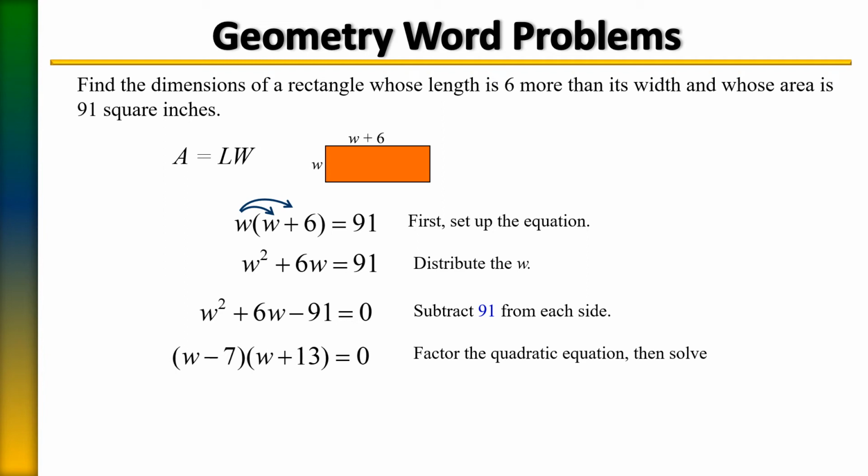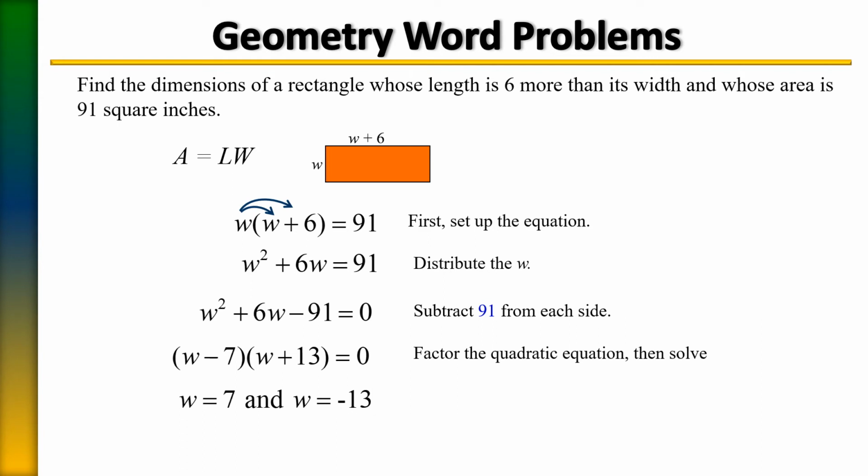Last step to solving this is to solve for w. And our two solutions would be w equals 7 and w equals negative 13. Now, in terms of measurements, we can't get a negative output here. When we speak of measurements, for example, the measurement of a table, we're not going to say that that table is negative 12 inches by negative 6.